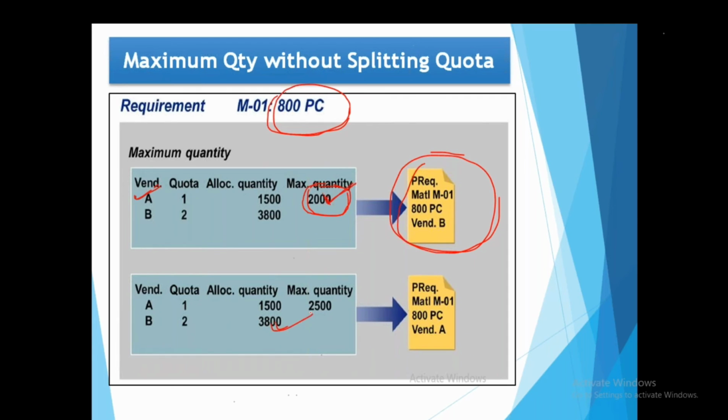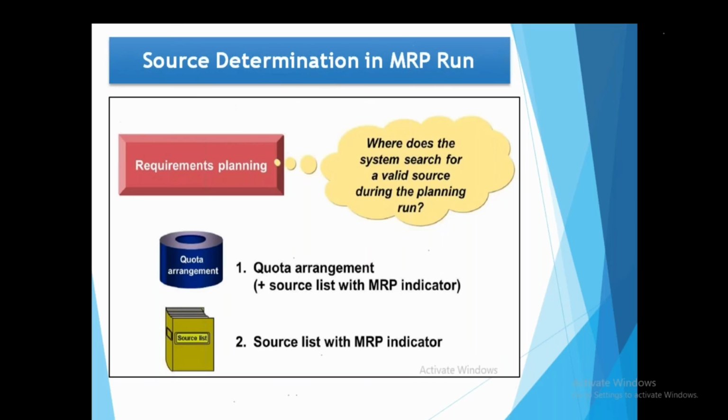When I do the next allocation, the system will select vendor A for 800. Why? Because the maximum quantity is 2500, out of which we already ordered 800 for vendor B, so it will select vendor E. That is the maximum quantity without splitting quota.